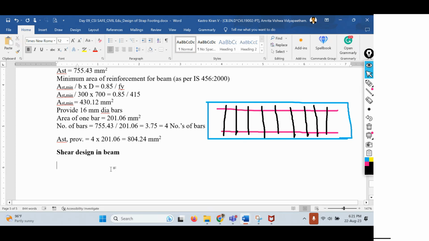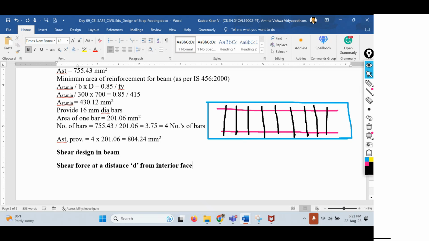Let me write that first: the shear force at a distance d from the interior face of column 1. First let us find out under column 1, and then we'll find out under column 2.